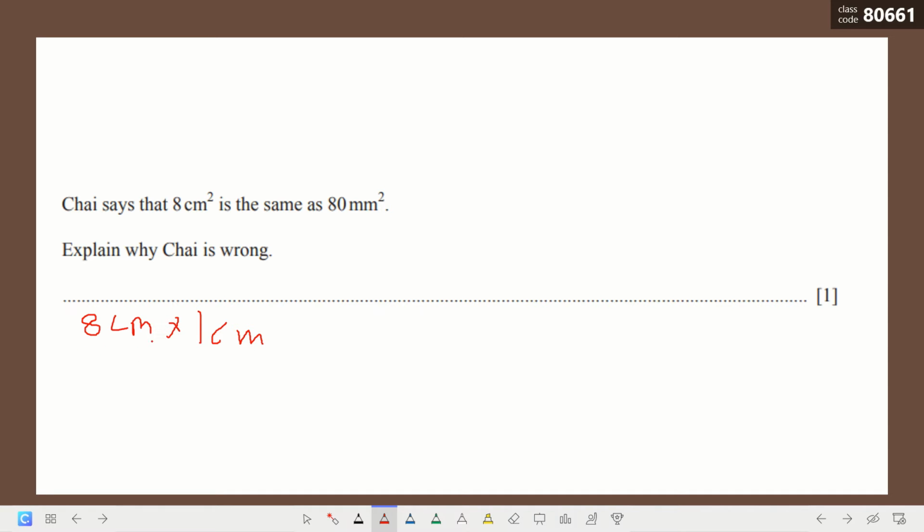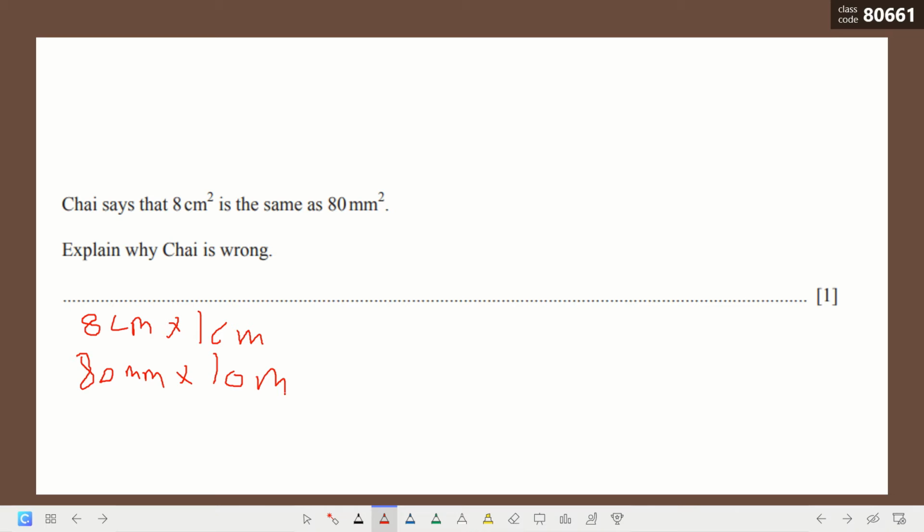If I want to convert it to millimeters, we know each centimeter has 10 millimeters. That means the 8 becomes 80 millimeters, times 1, which converted to millimeters becomes 10 millimeters.